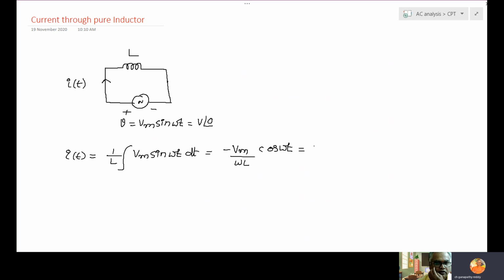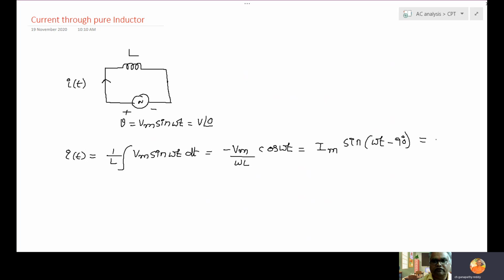Voltage by inductive reactance is current. So Im minus cos omega t, we can write it as sin of omega t minus 90. Because of this minus 90, current is lagging.